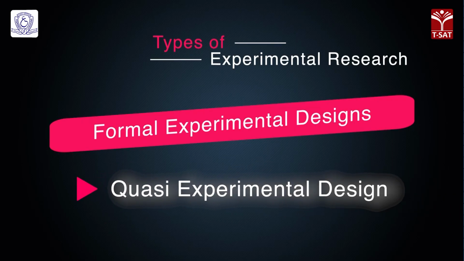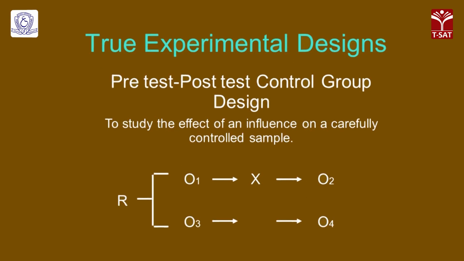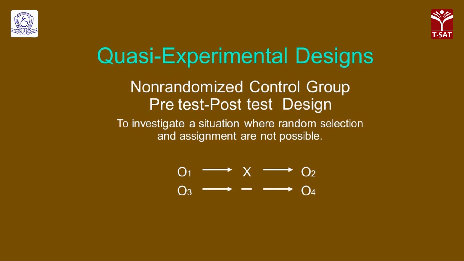Now, the quasi-experimental design. One of the quasi-experimental designs is the non-randomized control group pre-test, post-test design. You would notice that the randomized control group pre-test, post-test design is a true experimental design which we have presented before. The only difference in the quasi-experimental design is that the groups are not randomized.